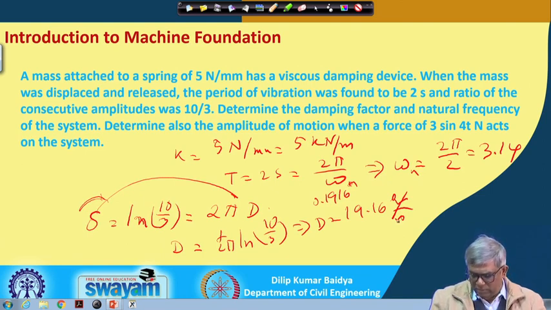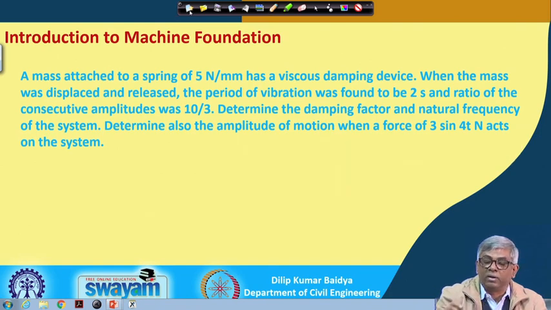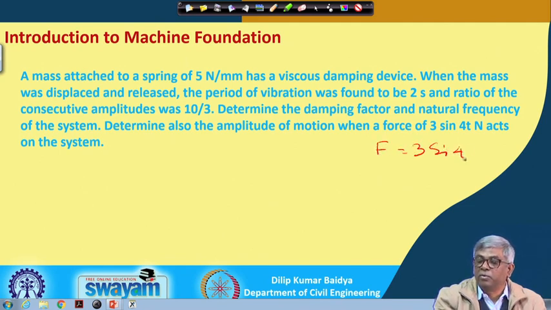Now, we have done the determination of the damping factor d already, and the natural frequency and damping factor are already obtained. So, I will clean it, and for the second part, determine also the amplitude of motion when a force F is given as 3 sin 4t.